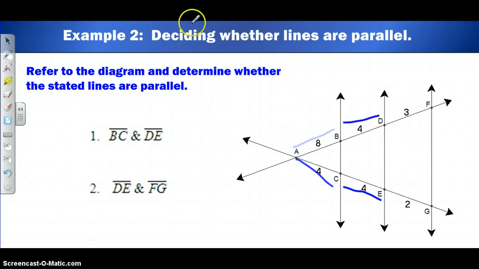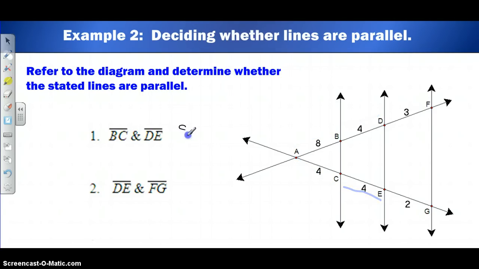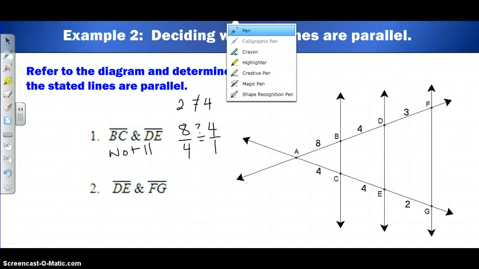So I'm going to write that down so you can see it a little bit better. And compare 8 over 4 with 4 over 4. And I'm asking myself, are those two quantities equal? Which of course they are not. 8 over 4 is 2, 4 over 4 is 1. Not equal, not parallel.